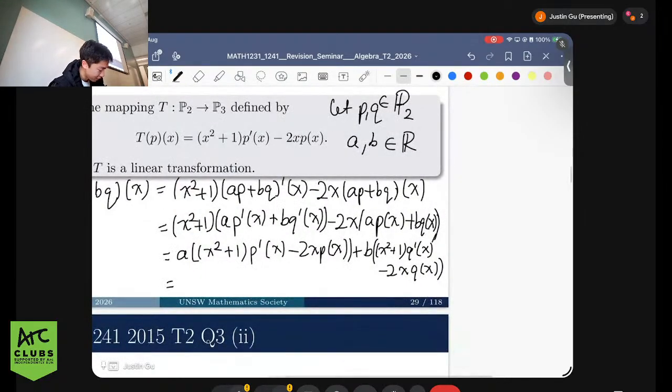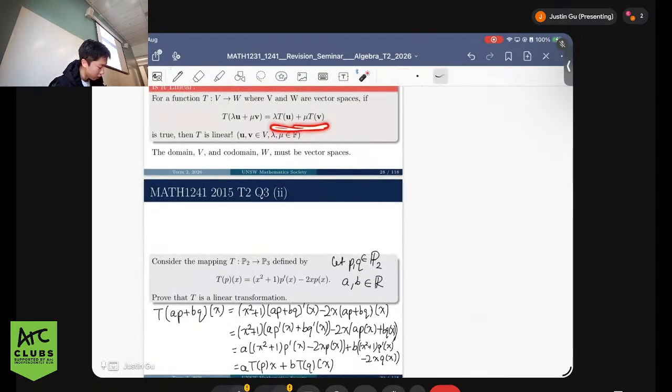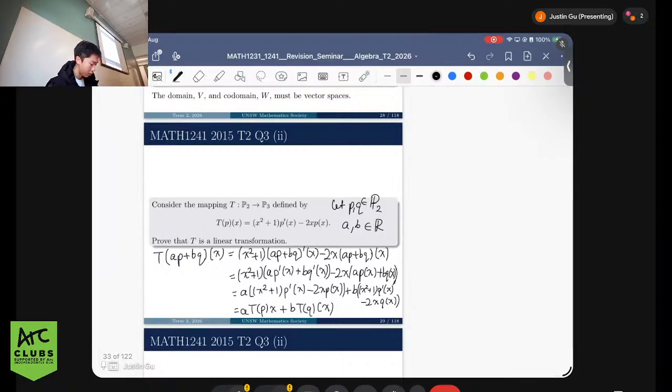Ultimately, if you just look at this, you'll realize that it's just a T of P of x plus b T of Q of x. And that follows our definition above. So it will get us this part. Okay, so therefore, because these are equal for our map, we can say that this is true.